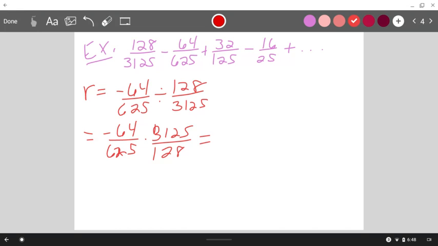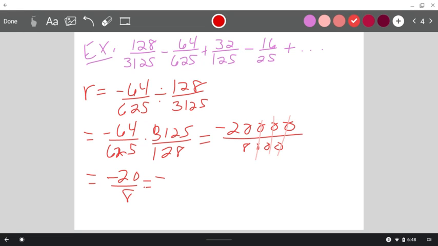And you can do some reducing down, or you can just go ahead and multiply it out. The top is negative 20,000 and the bottom is 8,000. And you could reduce that down to negative 20 over 8, or negative 5/2.